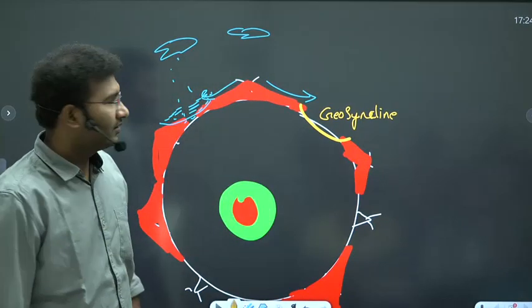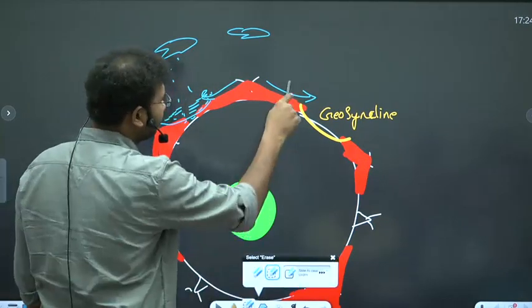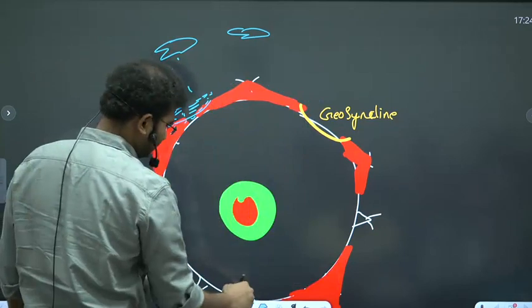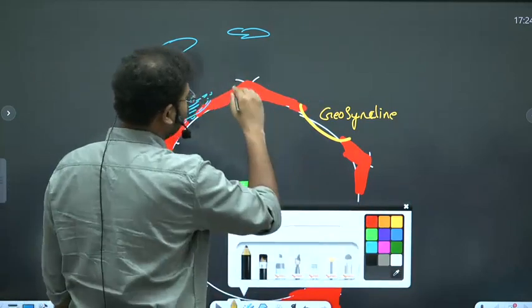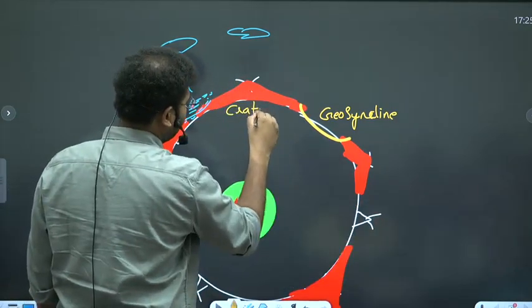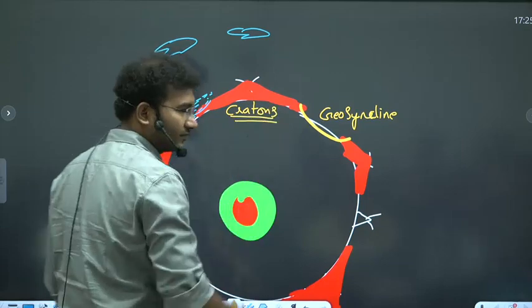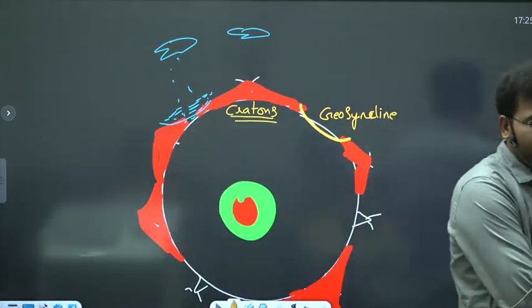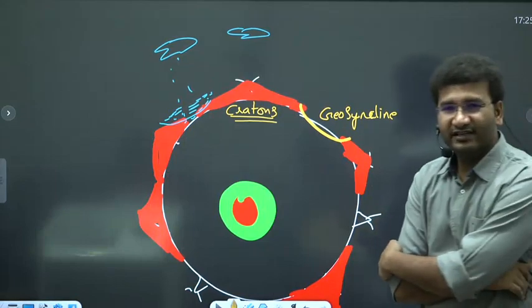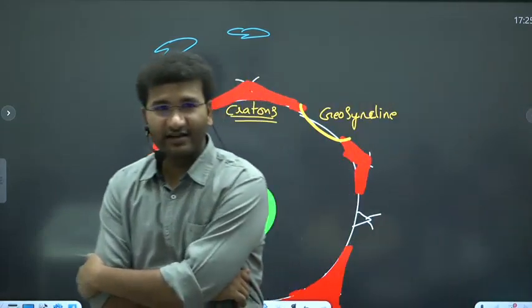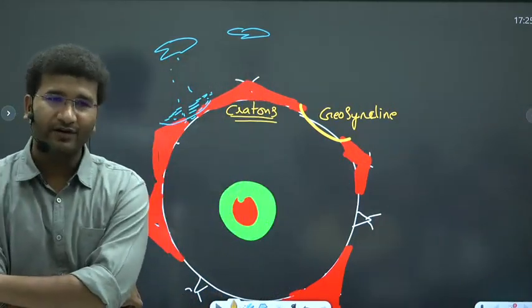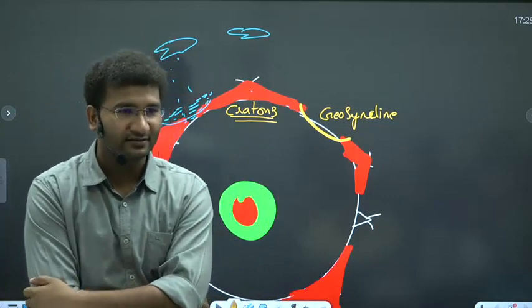ठीक है? Now, these land masses which were formed, they are called as cratons. ठीक है? Now what is a geosyncline? Geosyncline is a large scale depression which is found between two continents. Can I say that?